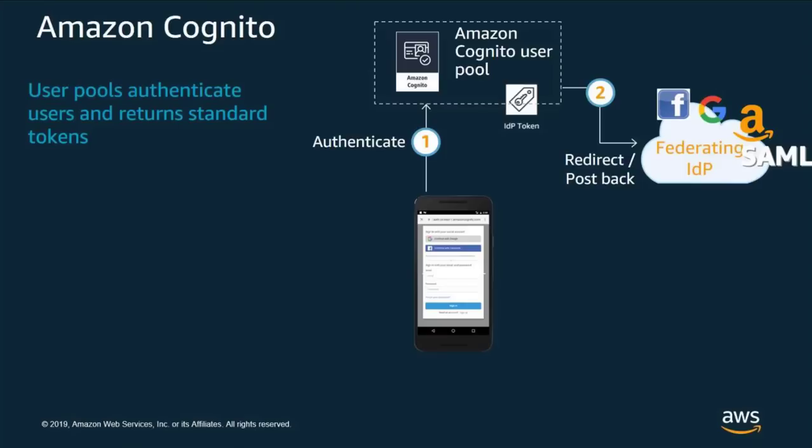But now, instead of returning it to the application, which would mean the application would have to understand that ID token, it's going to instead return a normalized set of Cognito user pool, or CUP, tokens, right? And this, again, is a standard JWT. So regardless of whether your users were native users or any of those different federated types, everybody gets normalized into one standard set of CUP tokens.